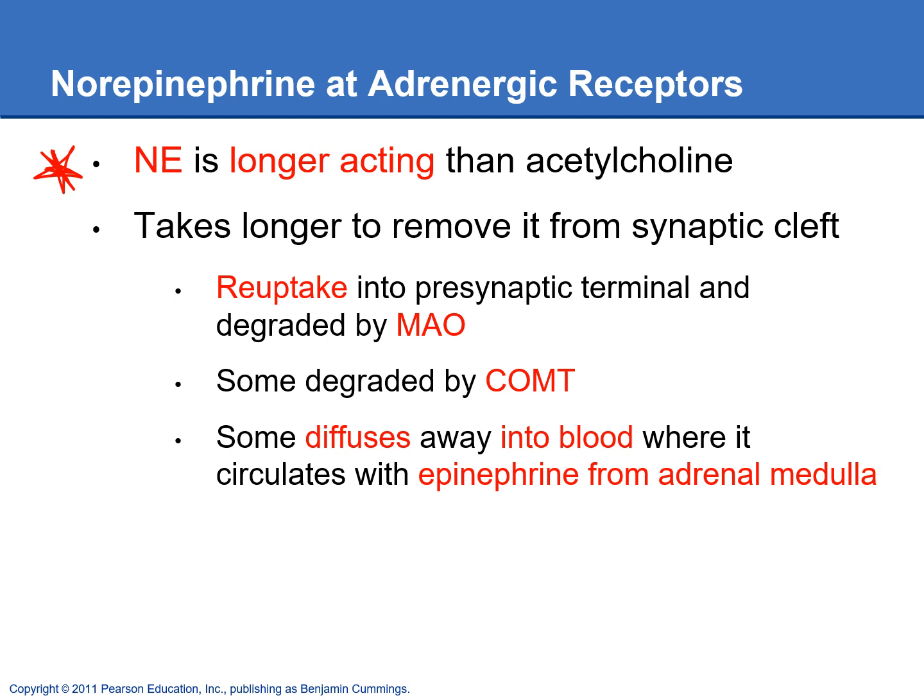And then some of the norepinephrine will be chewed up in the synaptic cleft by the enzyme COMT. And then some of the norepinephrine will just diffuse out of the synaptic cleft and be taken away by the blood. And then it can circulate with the epinephrine that's been released by the adrenal medulla. So all of that is going to make the norepinephrine have longer lasting effects than the acetylcholine will.